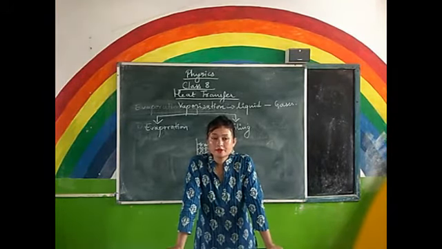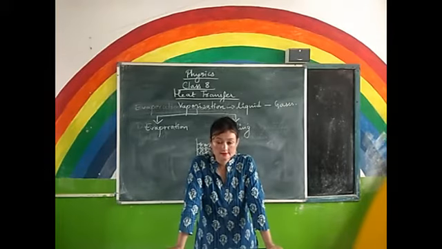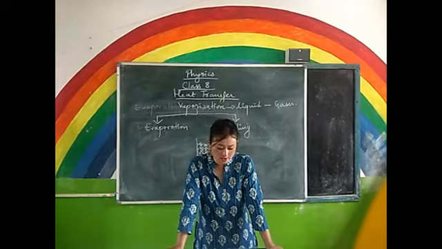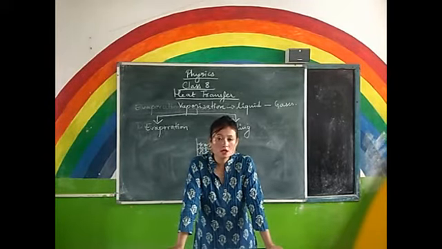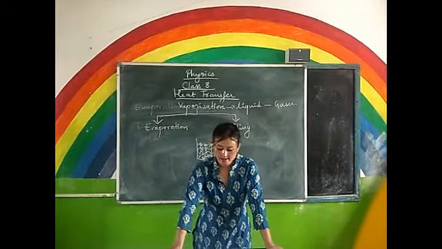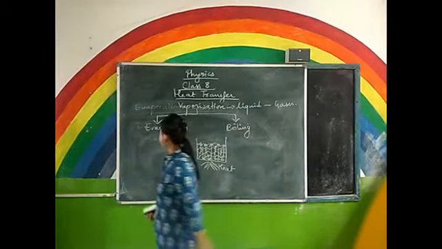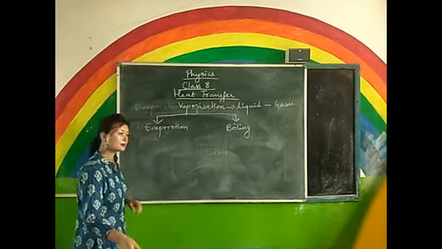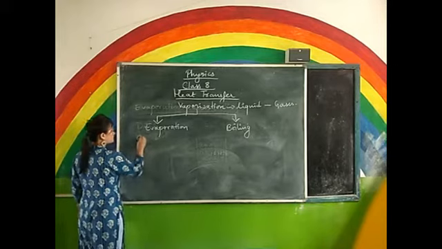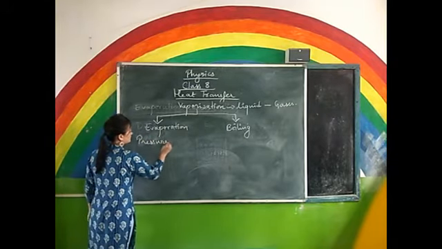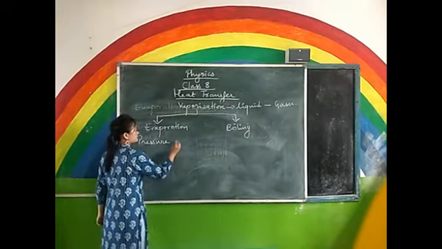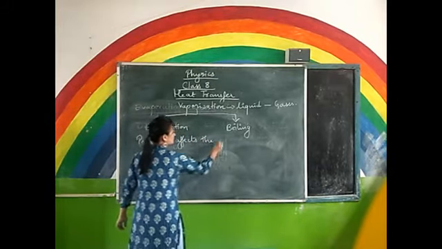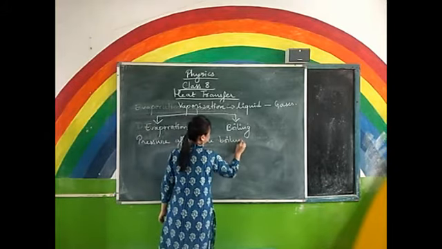Now, there is a factor which affects the boiling point. In fact, there are some other factors also, but I am talking about the factor which is mentioned over here in the book, and that factor is pressure. The atmospheric pressure affects the boiling point of a liquid.